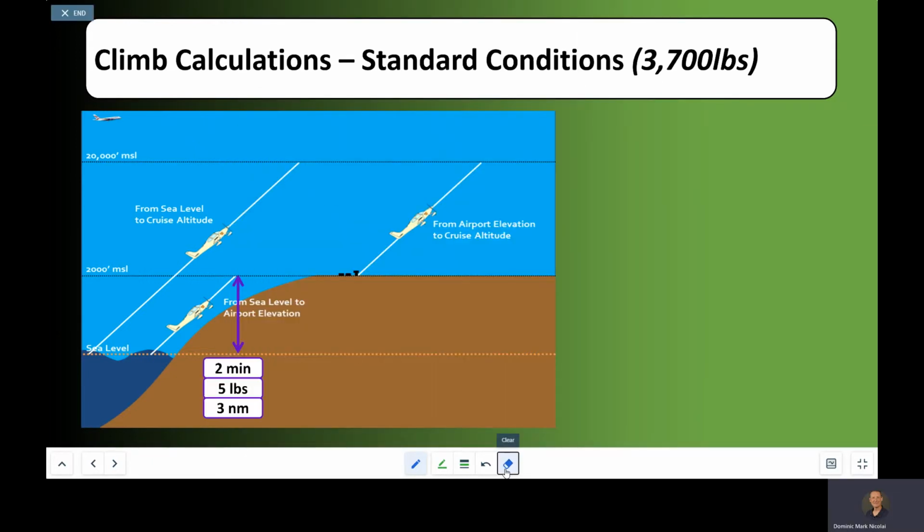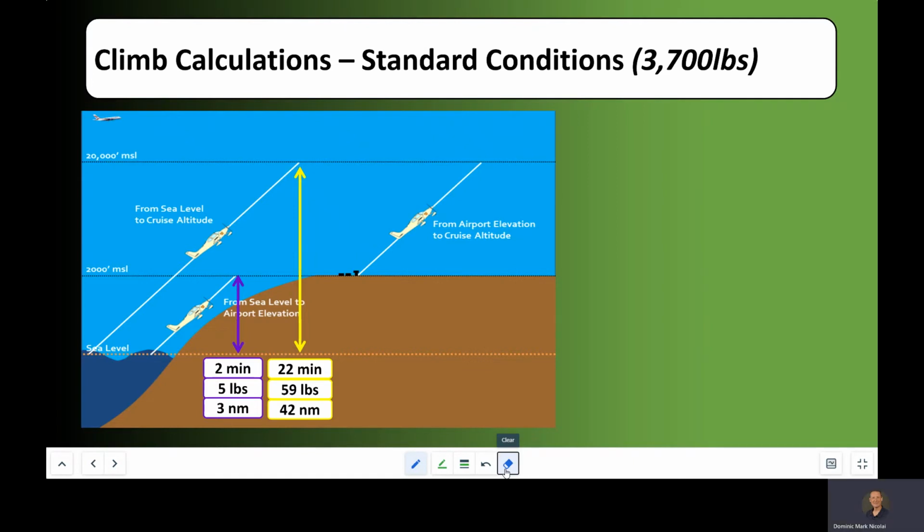Right, so getting those numbers, we find from sea level to the airport elevation, a 2-minute climb, 5 pounds of fuel, 3 nautical miles. And from sea level up to 20,000 feet, 22 minutes, 59 pounds of fuel, and 42 nautical miles.